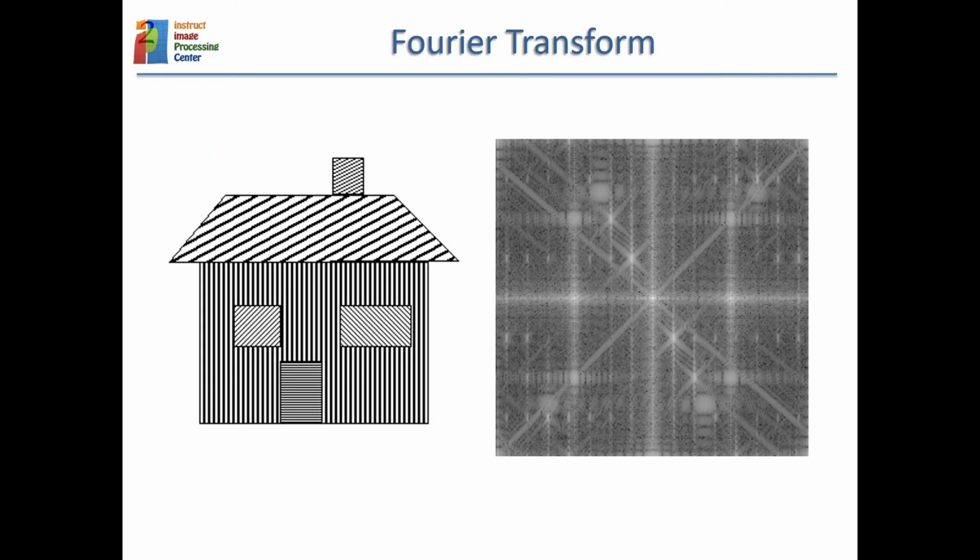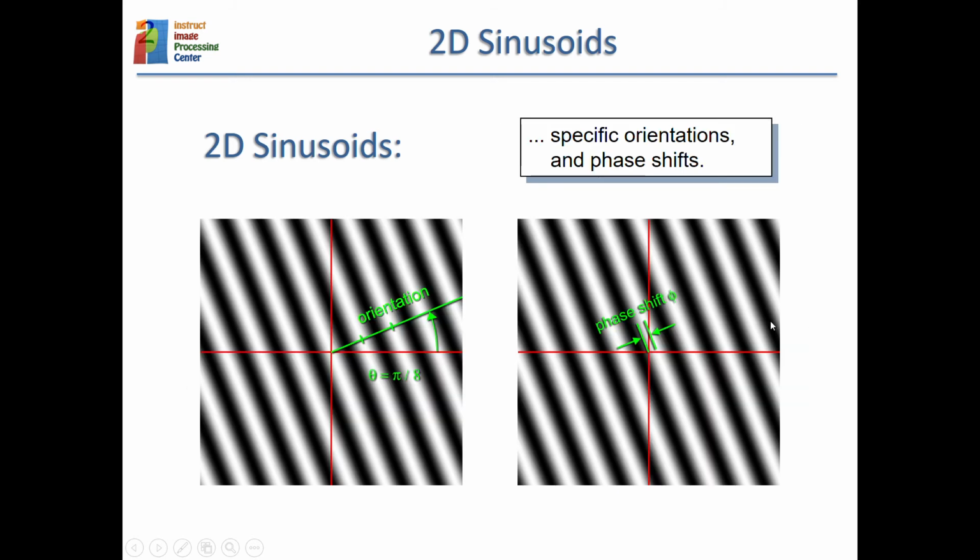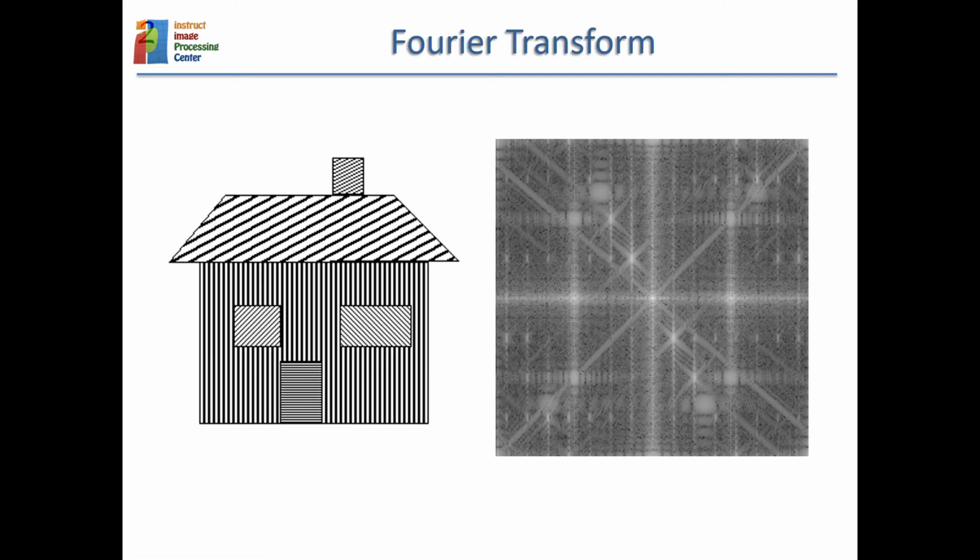Okay, so let's use our waves to reconstruct images. Now, if I have an input image like this one, what I can do is annotate the amplitude and the phase of each one of the possible waves. So we have different orientations, different periods, so I can annotate for each orientation and each period how much amplitude I need from that wave.